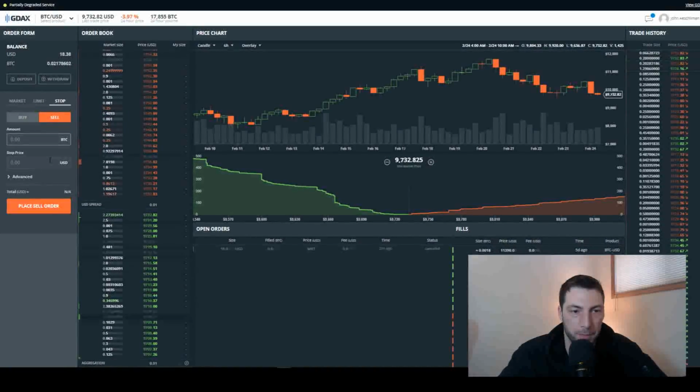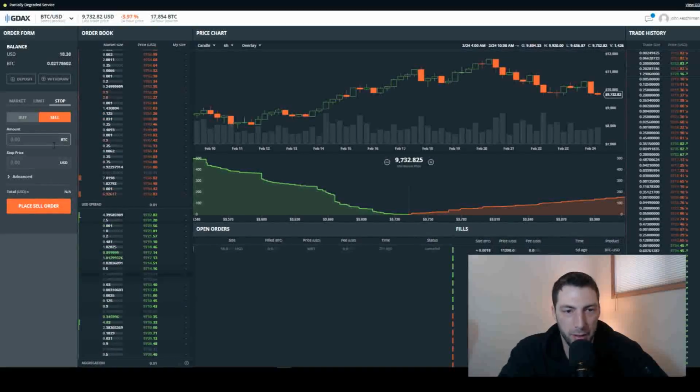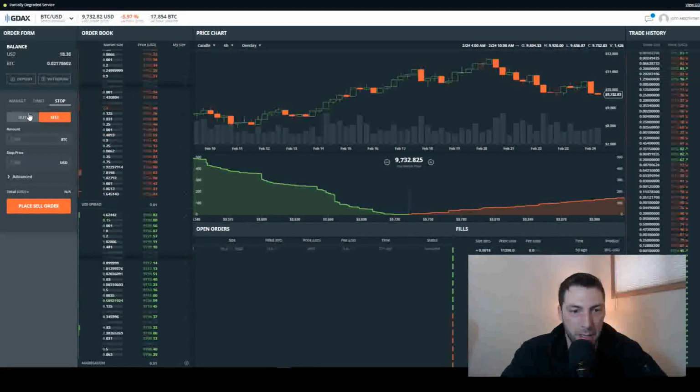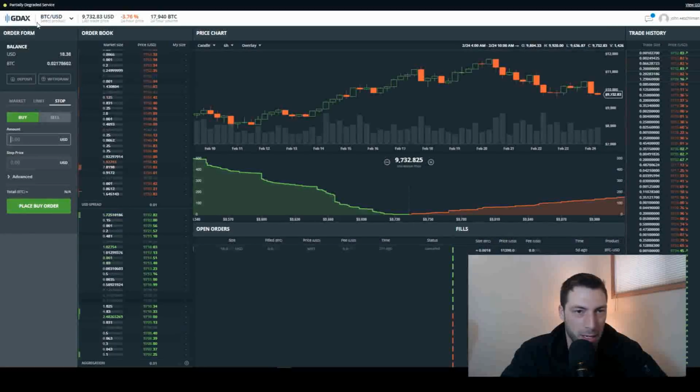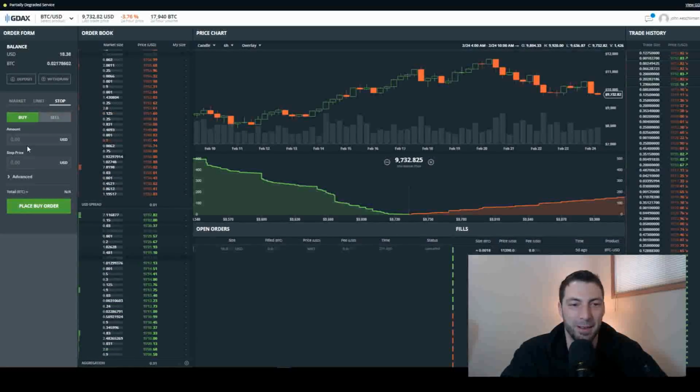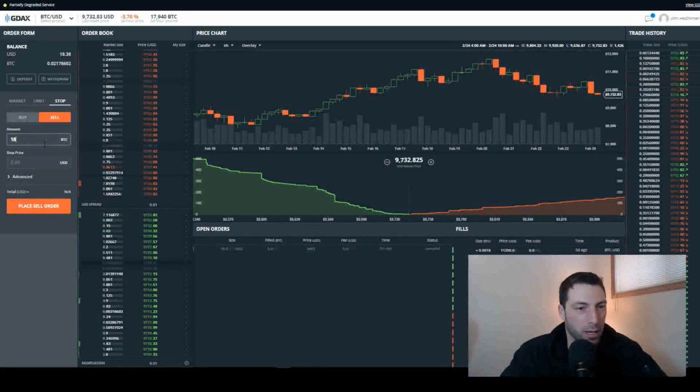Just to point something out again, this is now in Bitcoin. When I did the limit buy, this was in US dollars. It makes sense because of the pairing, but there are multiple ways they could have made this that would have been accurate, and they made this BTC. If I just put in $18, that's not going to work because it's obviously 18 Bitcoin.